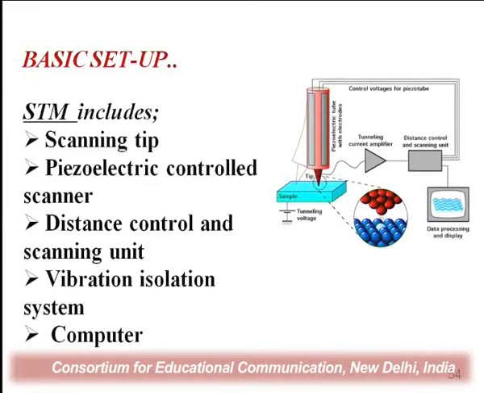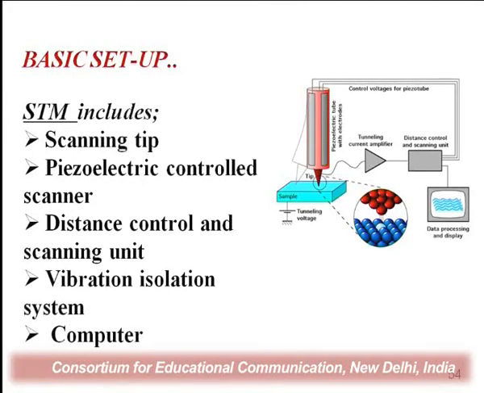Now what is a scanning tunneling microscope? The basic setup of the scanning tunneling microscope includes the scanning tip. First is the scanning tip, which is very important, and we see on this diagram a point, which is also shown in the large inset, explaining the tip which is mounted on the sample. The next important part of the STM is the piezoelectric control scanner, which controls the movement of this scanning tip.